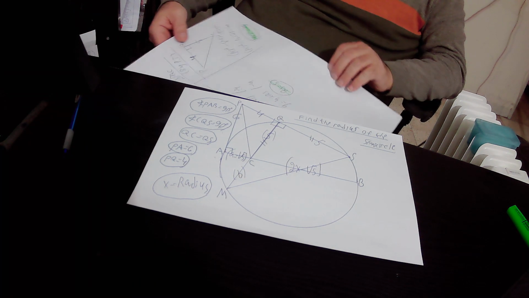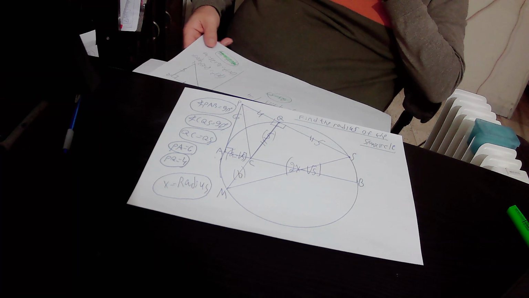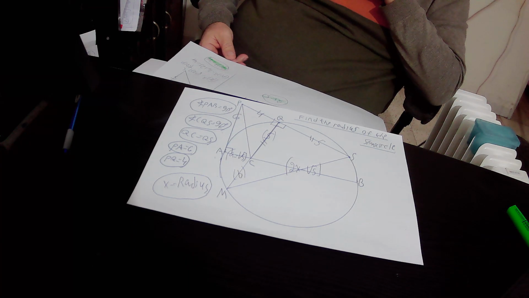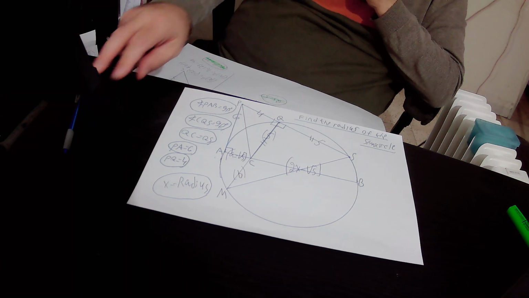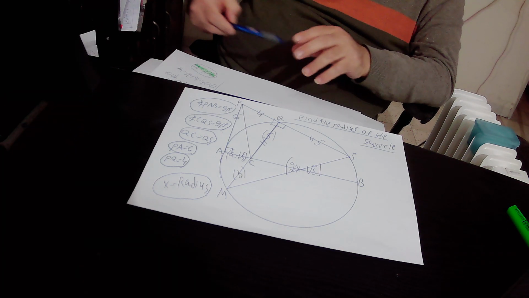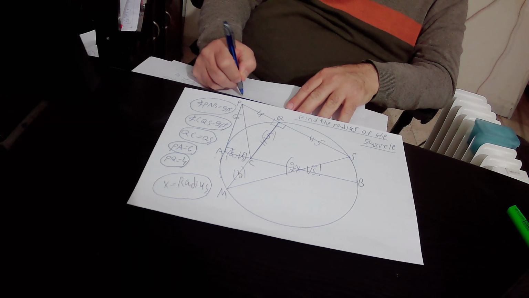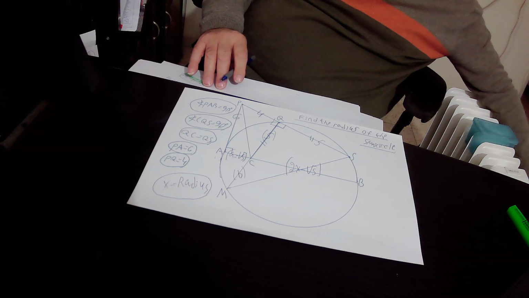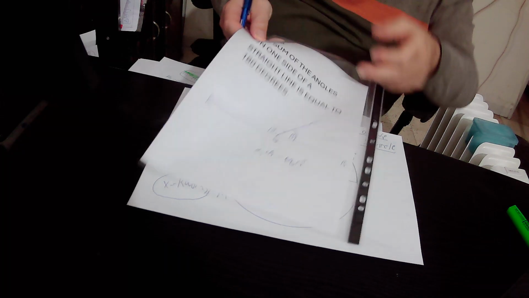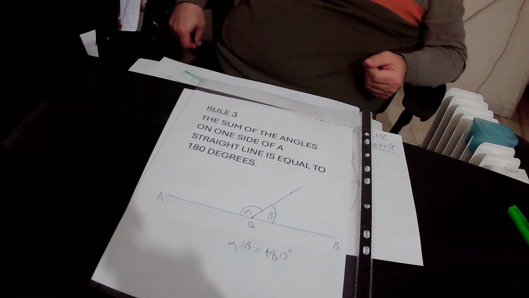Then we joined points P and C together by a straight line. And then I presented to you rule number 3, and we implemented rule number 3 in our drawing. According to rule number 3, the sum of the angles on one side of a straight line is equal to 180 degrees.